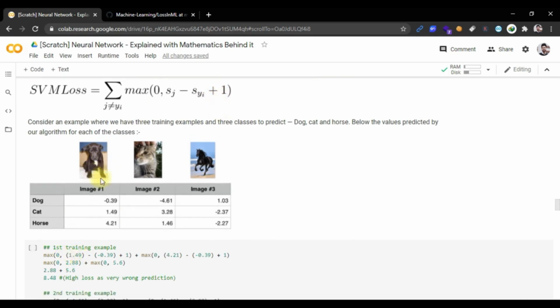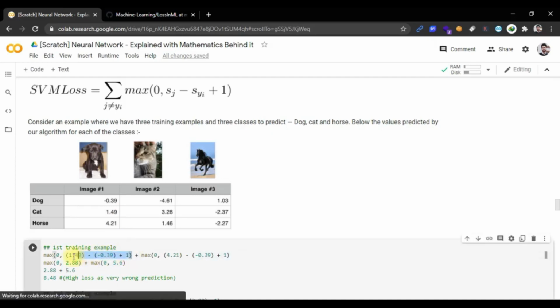For the first, dog, I can get these three outputs, like 0, as you can see here. You can just concentrate on the formula also. So 0, and then 1.49, and minus this other category minus 0.39 +1.